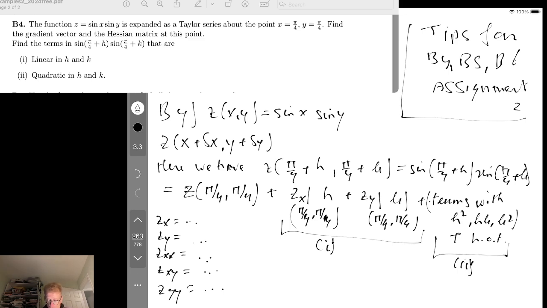And then you evaluate these at x is pi over 4 and y is pi over 4, so you can use it in the Taylor expansion, and then you get the desired terms. So you need to know sin pi over 4 and cos pi over 4.